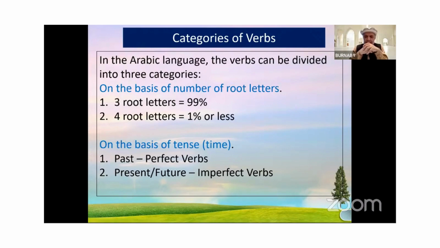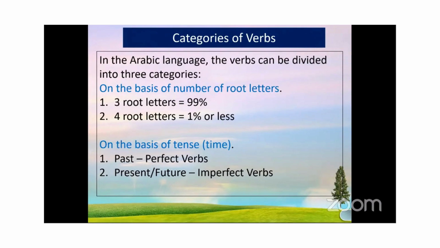In 99%, 3. But 1% have 4 root letters. 99.9% are almost all 3 root letter verbs, but there also exist 4 root letter verbs.